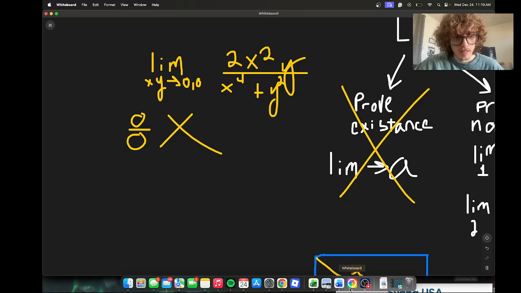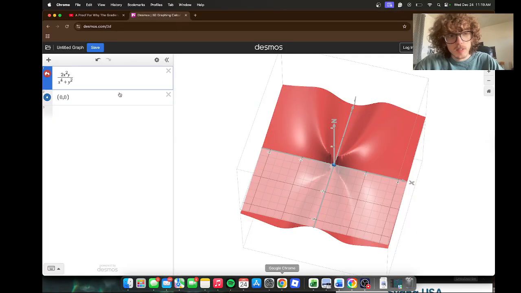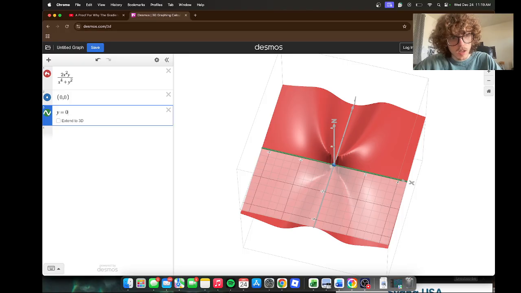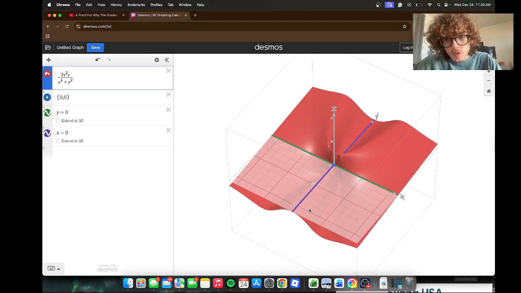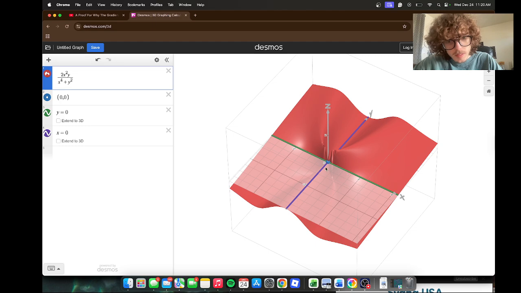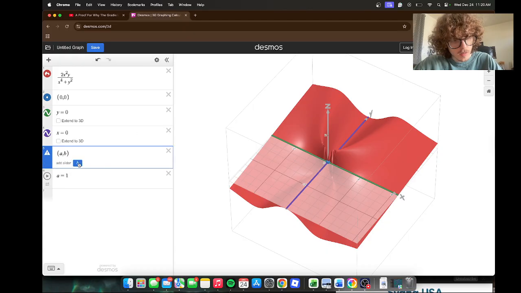So basically, what this limit is doing, x and y, when you need to go back to the graph, I'm going to write in two curves, y equals 0 and x equals 0, so just flat linear curves. What we're doing, I can make a little function for this.